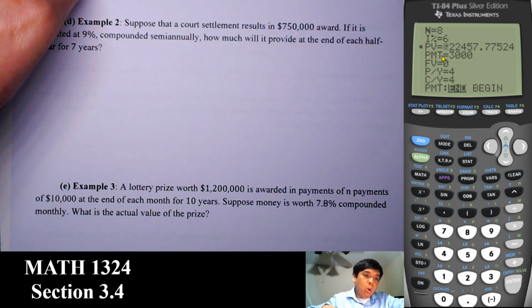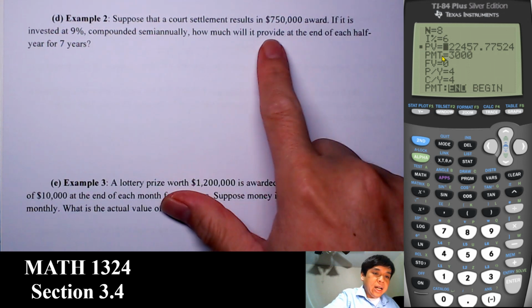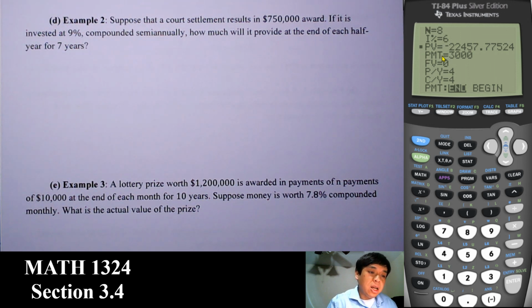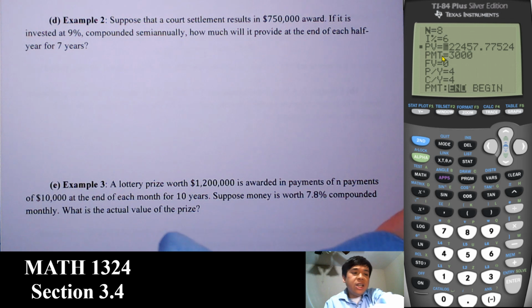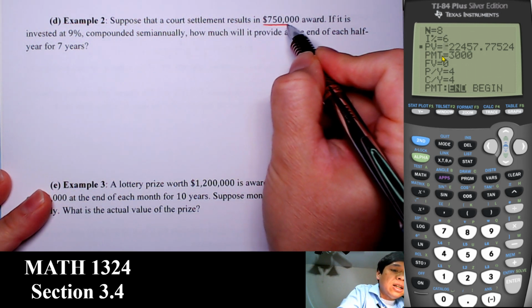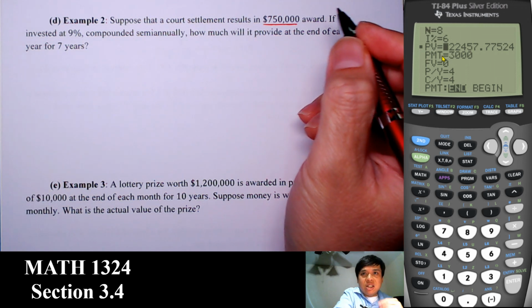Now suppose the court settlement results in that much award. It is invested at 9% compounded semi-annually. How much will it provide at the end of each half year for 7 years? So in this case, we have that amount right now and we put it in the bank, out of our pocket.